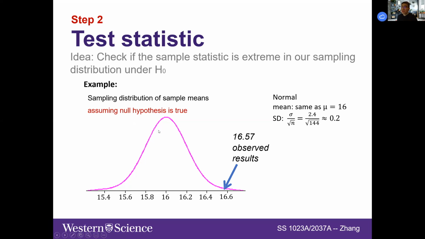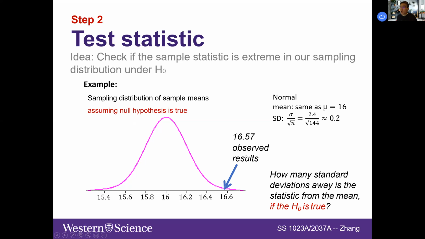In order to safely tell whether our data is extreme or not, we are going to use the knowledge that we learned in lecture 9, where we compute how many standard deviations away our sample is from the mean of the sampling distribution, assuming the null hypothesis is true.